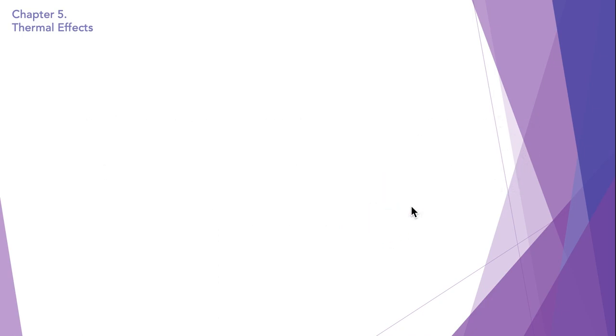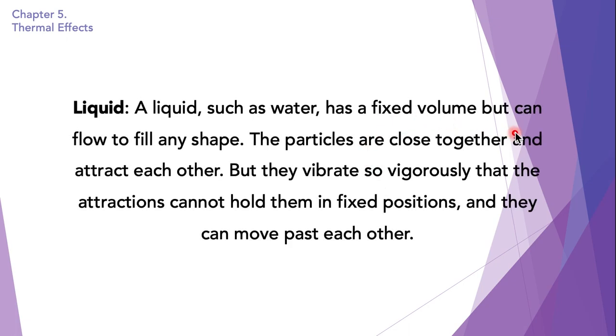Whereas a liquid such as water has a fixed volume but can flow to fill any shape. Solids have a fixed shape and also a fixed volume, but they cannot fill any shape. They have their own shape. A liquid, such as water, has a fixed volume, but it can flow to fill any shape. The particles are close together and attract each other, but they vibrate so vigorously that the attractions cannot hold them in fixed positions, and they can move past each other. This means that the bonds between the liquid molecules are weaker than those of a solid.